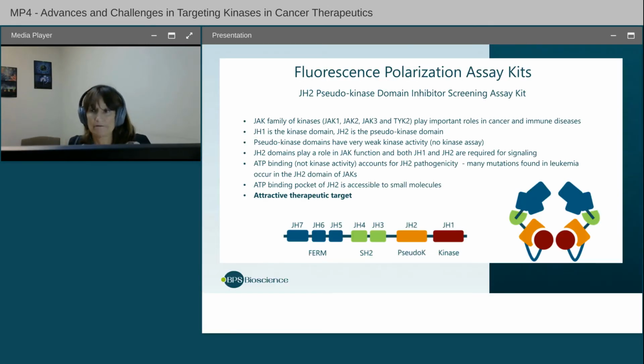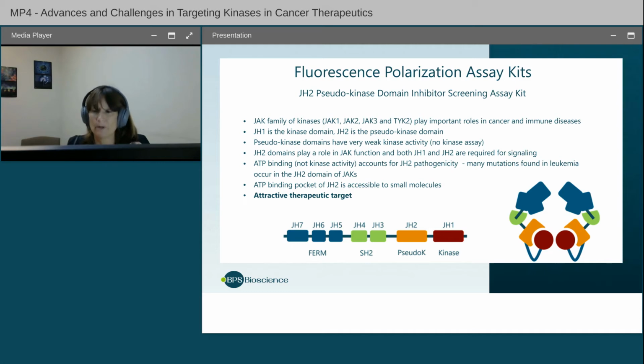We also have fluorescence polarization assay kits. These assay kits have been specifically designed to probe the JH2 pseudokinase domain of the JAK family of proteins. The JAK family of kinases, which includes JAK1, 2, 3, and TYK2, plays very important roles in blood cancer and in immune diseases.